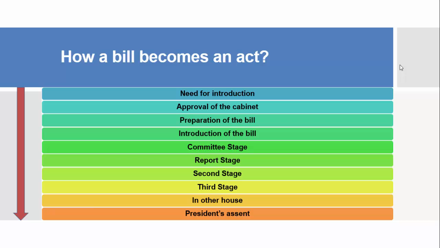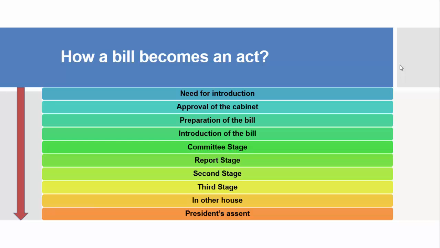Then, the other house. Once a bill is passed in one house, it is sent to the other house. That means, if the bill originated first in the Lok Sabha, then it is sent to the Rajya Sabha. If the bill originated in the Rajya Sabha first, then it is sent to the Lok Sabha. President's assent.